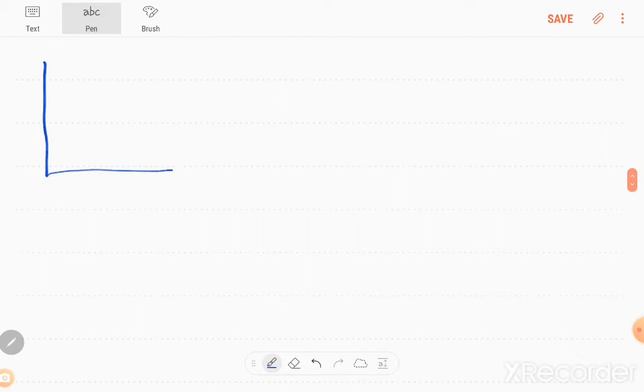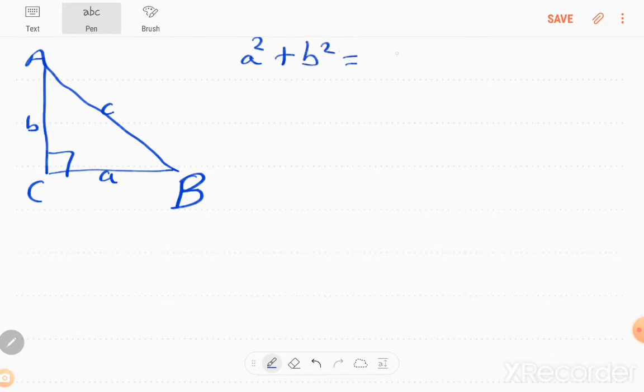So suppose we have a right triangle, A, B, C. Let's make the sides here: A, B, and the hypotenuse would be C. So then we could use A squared plus B squared is equal to C squared.